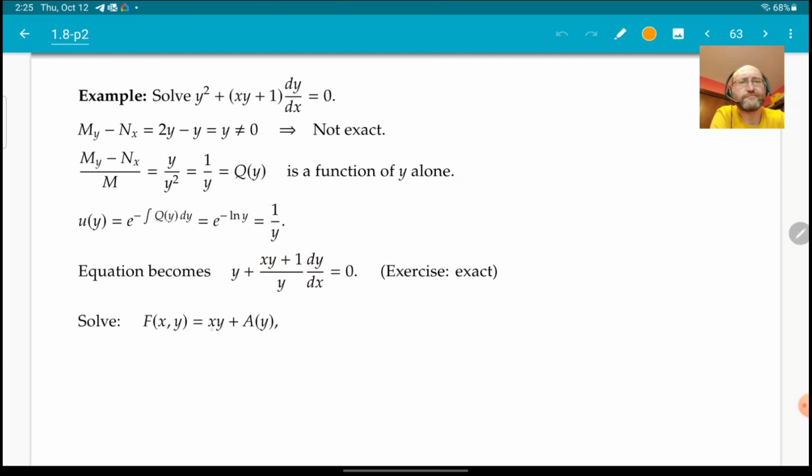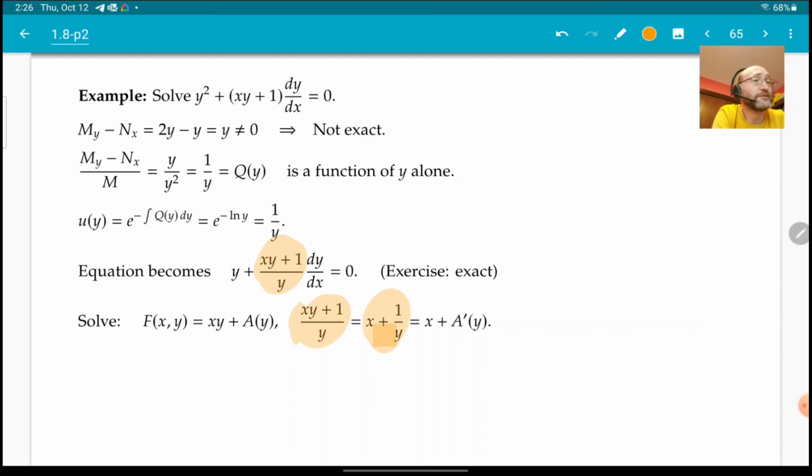And so we solve. We take the y, which is the m, and we anti-differentiate in x, so we get xy, but there's a constant of integration that depends on y, so you have xy plus a of y. Now we differentiate that. Sorry, right here, I was one step ahead, one step behind. So this thing is the n, and I'm going to rewrite the n in this way.